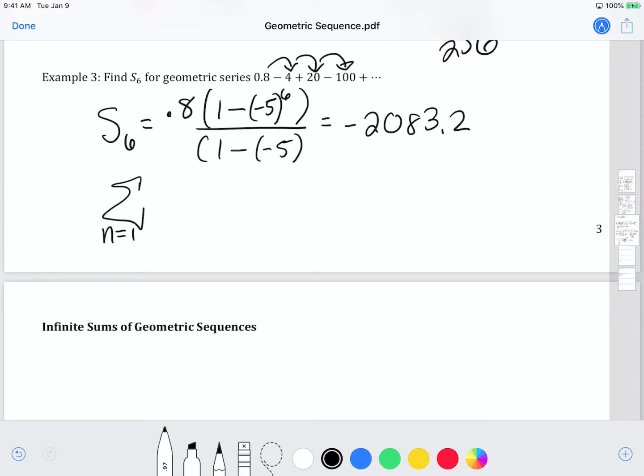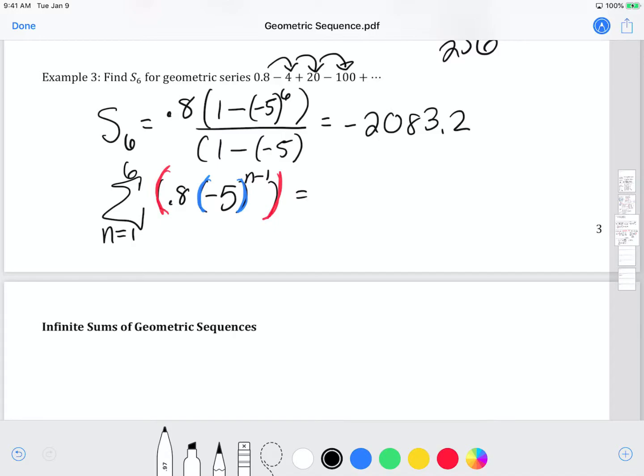Now if we use the other method, which is the summation notation, I'm going to start at n equals 1, and I'm going to go to 6 because I'm trying to add up the first 6 terms. And now I have to put in my nth term so it can generate each term and add it up. So my first term is 0.8. My value of r is -5, and I'm going to put that to the power of n minus 1. When you put this in on your calculator, make sure you put parentheses around the entire sequence and then parentheses around the -5.